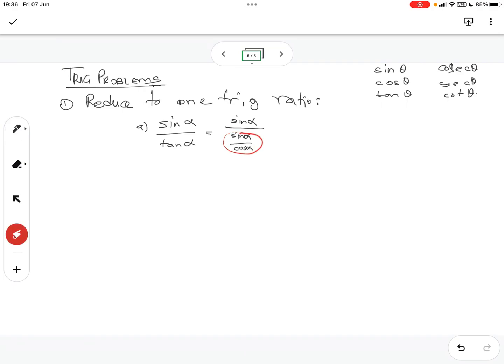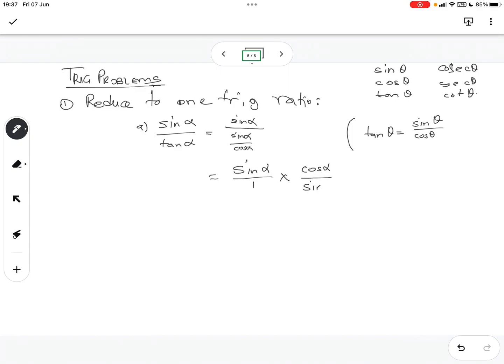But anyway, this one you can solve by saying sine alpha. But then tan alpha can also be written as sine alpha over cos alpha. So this part here is still tan because tan is a quotient identity. So we can simply say because tan theta equals sine theta over cos theta, then where I see tan, I can substitute sine over cos. Then this becomes sine alpha over 1 multiplied by cos alpha over sine alpha.